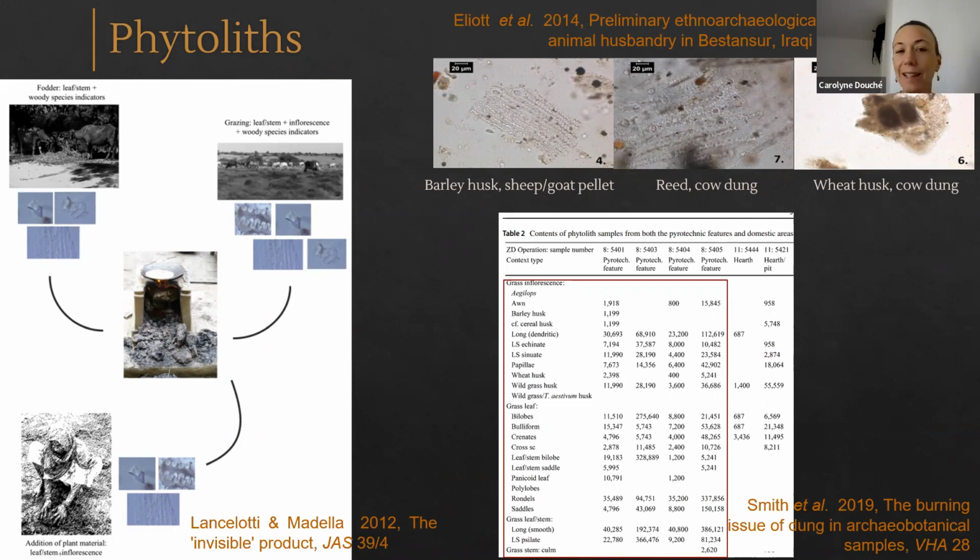As we mentioned at the beginning of the lecture, plants can be used as food for human and animal consumption. Animals can be fed in two ways.